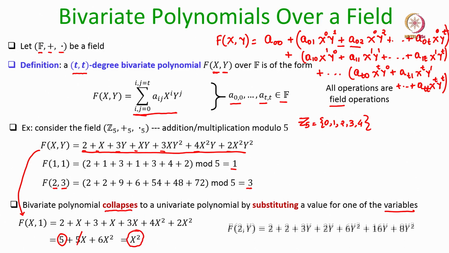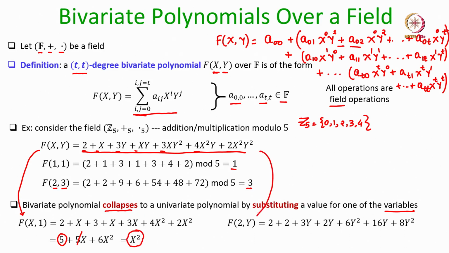On the other hand, if I take the same bivariate polynomial and evaluate it at x equal to 2, then I will obtain a univariate polynomial in y, and since we are performing all the operations modulo 5, the resultant polynomial will be this.